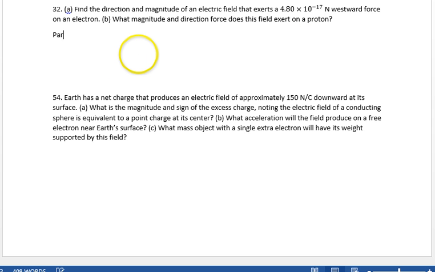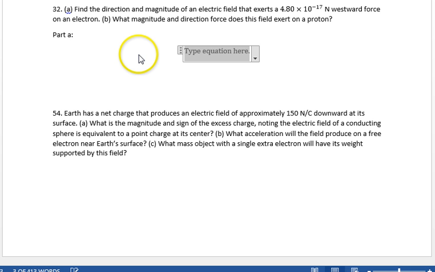So for part A, what is the magnitude of the electric field?